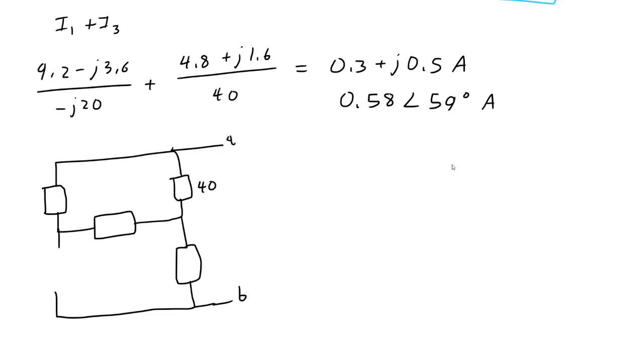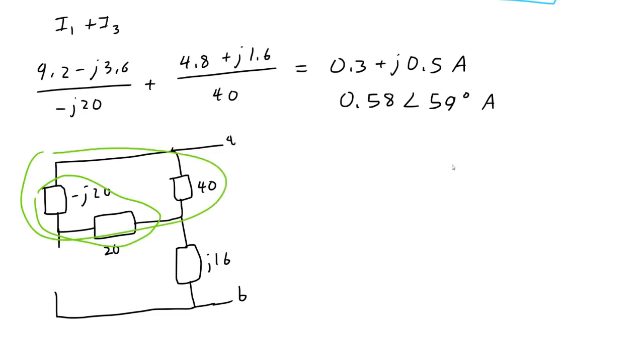So 40, j16, 20, and minus j20. So this is a series combination which is going to be in parallel with this, which is going to be in series with this. So our Z equivalent is going to be something like this.